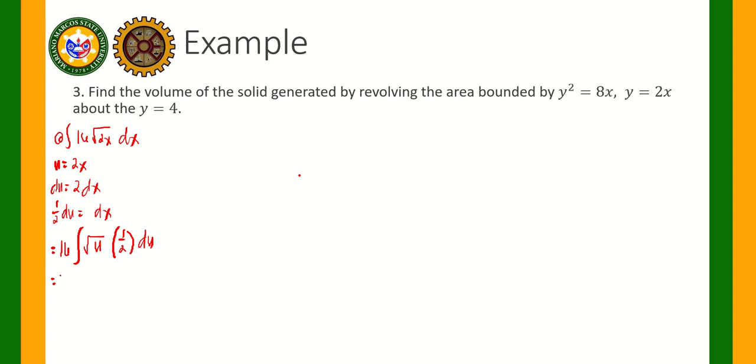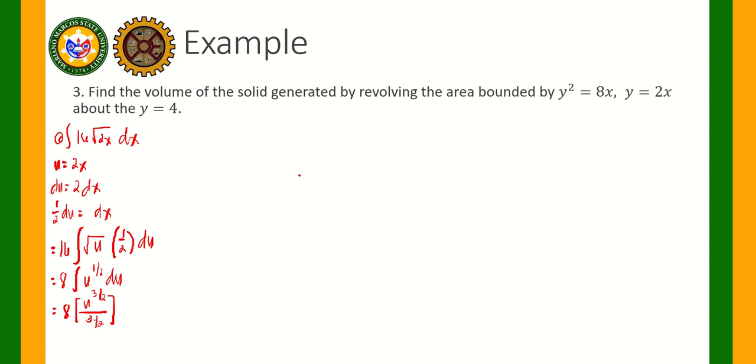So, this is equal to 16 over 2, that is 8, times the integral of u raised to 1 half du. What is the integral of u raised to 1 half du? That is equal to u raised to 3 over 2 all over 3 over 2.